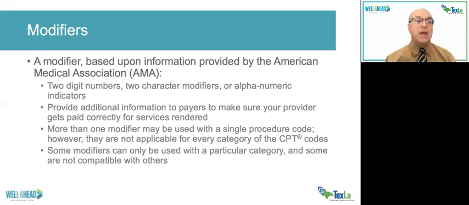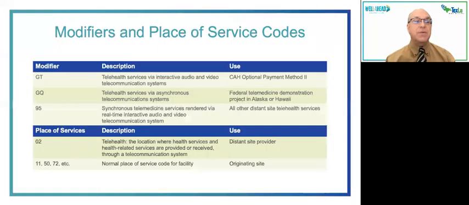However, they are not applicable for every category of CPT codes. Some modifiers can only be used with a particular category, and some are not compatible with others. So if you're going to look at modifiers and place of service codes, the GT modifier is describing a telehealth service via interactive audio and video telecommunication services, okay?